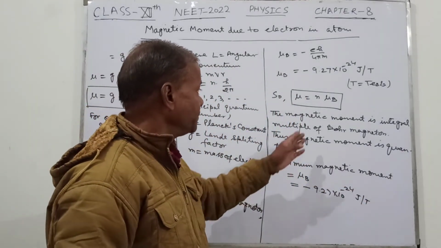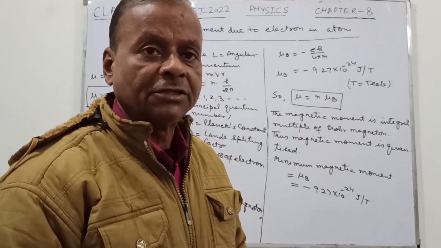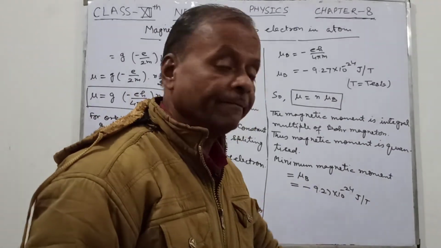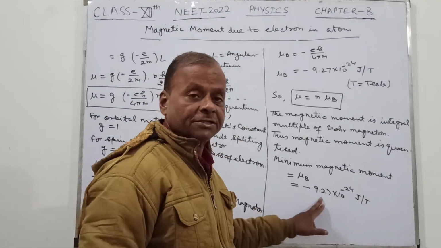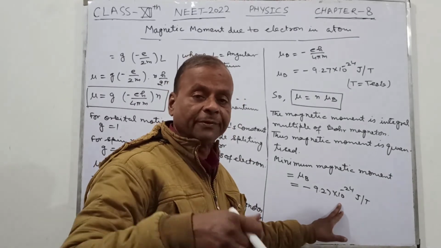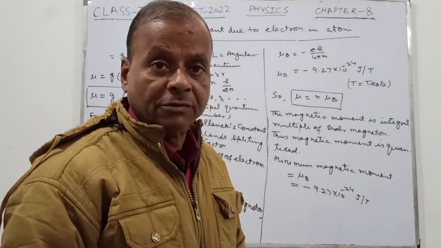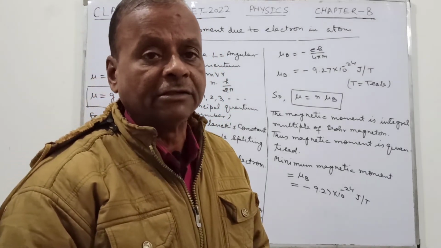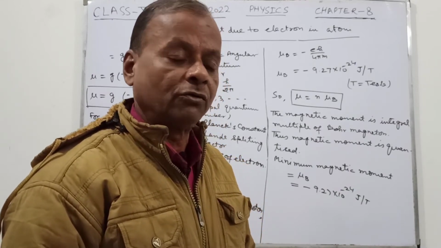Suppose we have n equal to 2, 3, 4, 5, 6, then it will be an integral multiple of this one. In the first orbit it is this much, in the second orbit a multiple of this, and in the third orbit a multiple of this. So in every orbit, if we know the value of n, we can find the magnetic moment due to the electron.